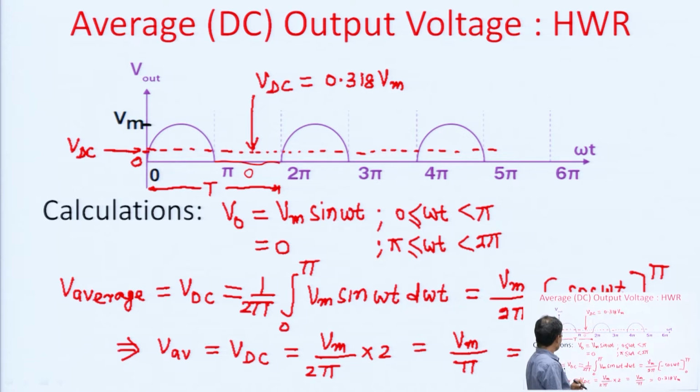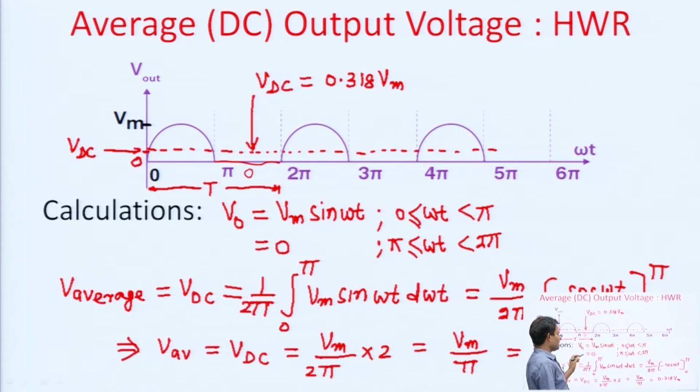Okay guys. Now, what is the average value? Suppose there are 3 students, one student has 0 marks, another has 90 marks and the third has 80 marks. Then the average is equal to 0 plus 90 plus 80 divided by 3. Therefore, here for 0 to pi the output voltage is Vm sin omega t and from pi to 2 pi the output voltage is 0.